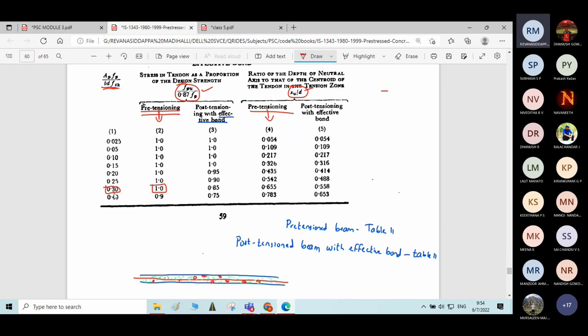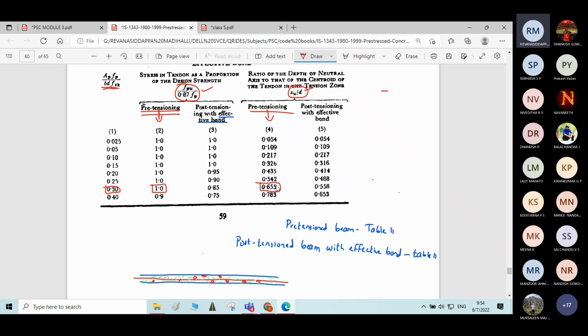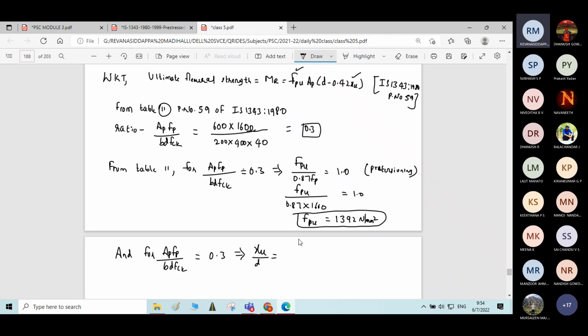The corresponding XU by D value with respect to 0.3 is 0.655.